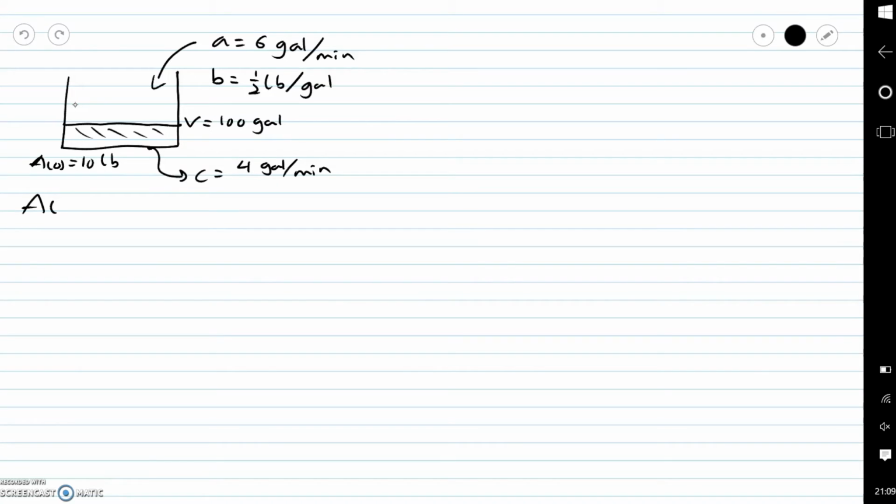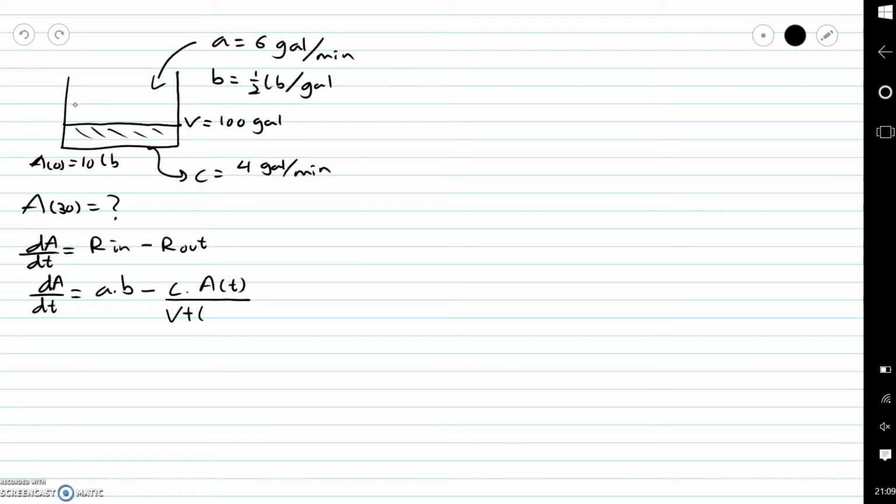The amount of salt in the beginning is 10 pounds. And we were asked to find the amount of salt when the time is 30 minutes. First, we put in the formula, which is the derivative of A with respect to t equals rate in times concentration in minus rate out times concentration out.